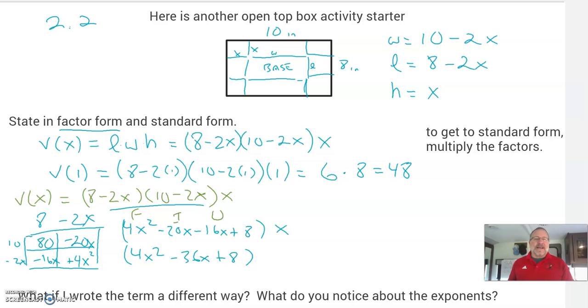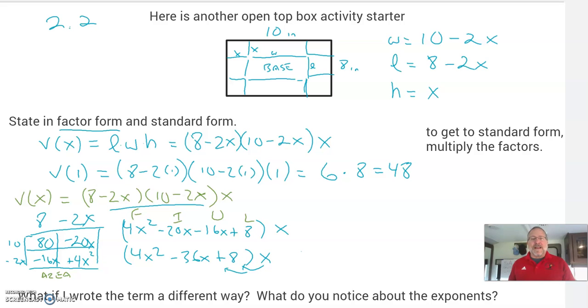This is inside. This is last. The O and L did get reordered there, but it's still the same idea of foiling. The box method or the area method is really a cool new method that you may or may not have seen. I recommend it. We'll see how that works down the road too. Finishing off the problem, I still have an x multiplier that needs to be distributed.